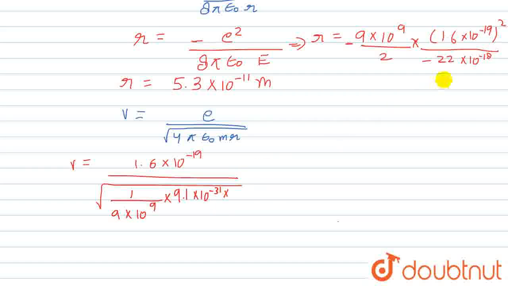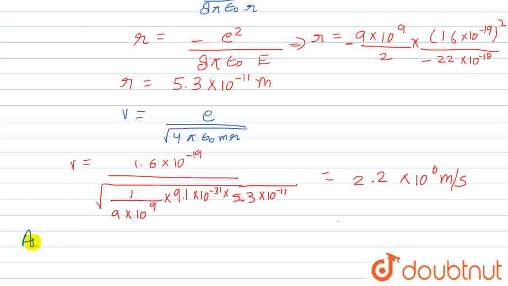The radius we have calculated is 5.3 multiplied by 10 to the power minus 11. So the velocity comes out to be 2.2 multiplied by 10 to the power 6 meters per second. So this is the velocity.